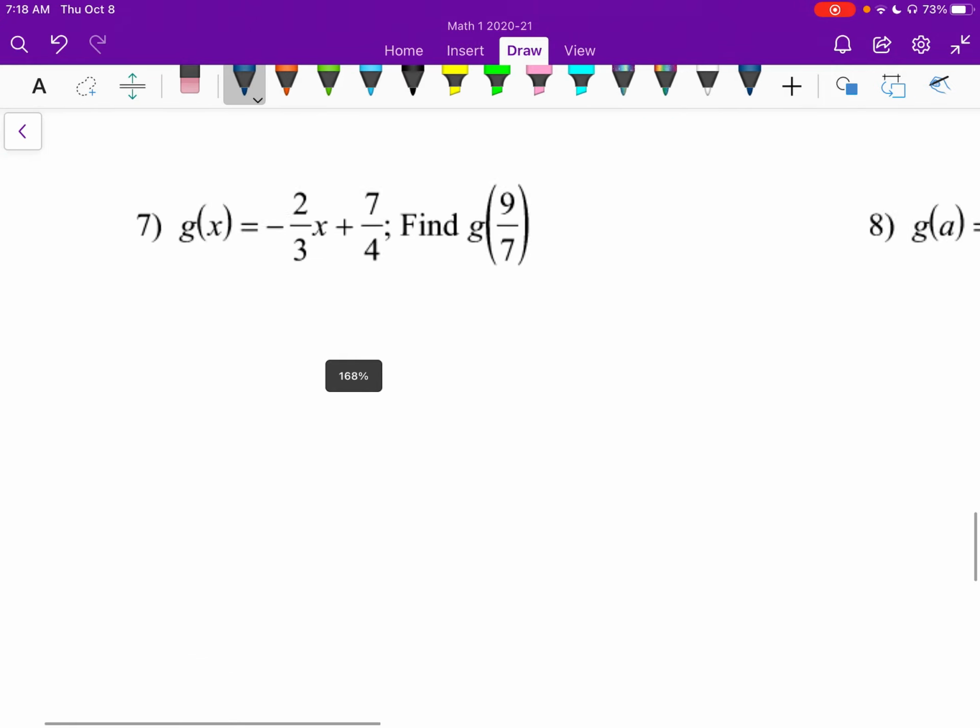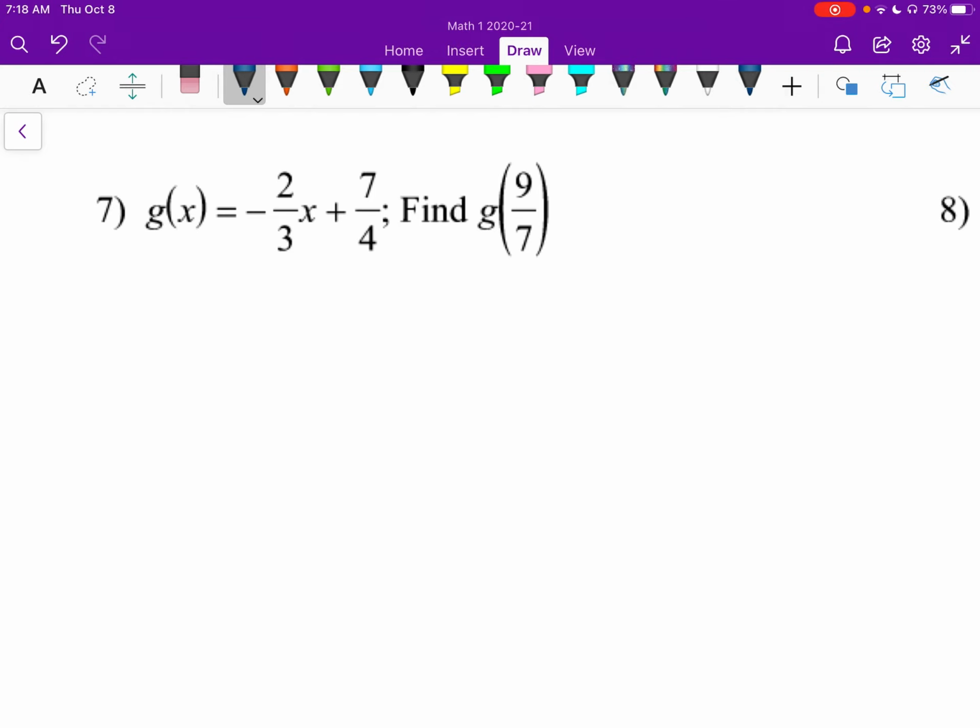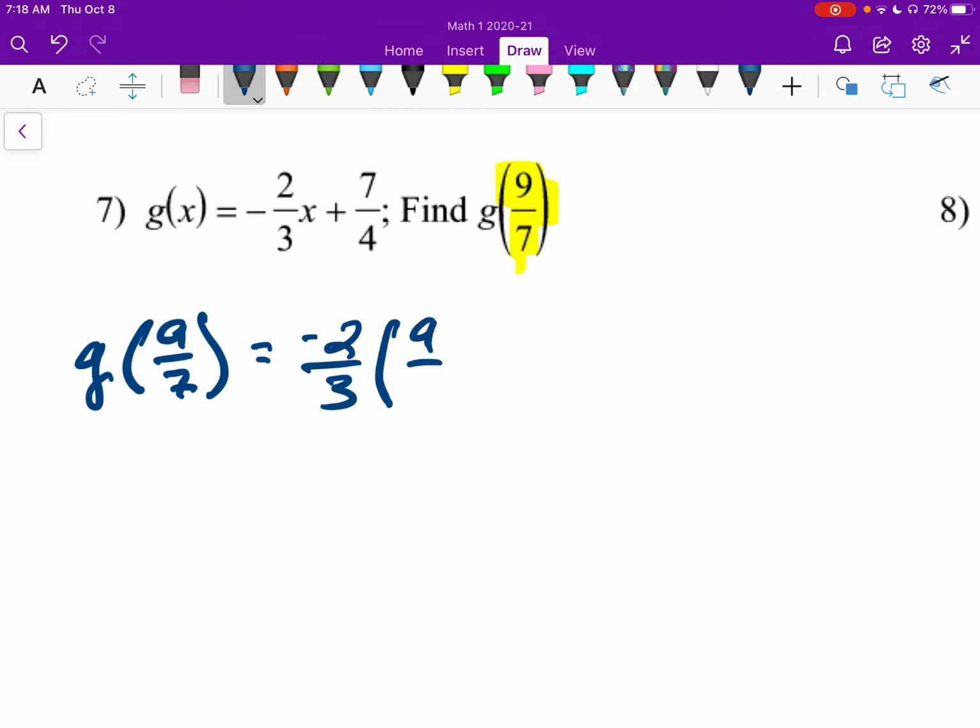All right, number 7. We have a function g, our variable is x, and we need to plug in 9/7. So g of 9/7 equals negative 2/3 times 9/7 plus 7/4.